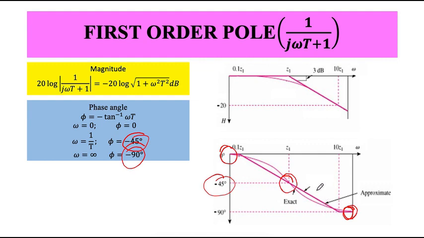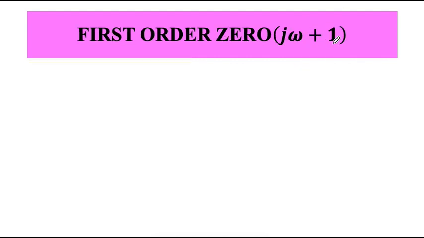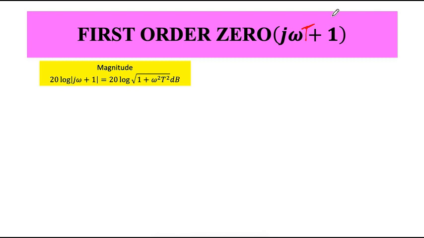So this was my first order factor of the form 1 by j omega plus t. I would do this exactly the same way for zeros, or the first order factor j omega t plus 1. This is t over here. So nothing would change. It's again t, only it will become positive.